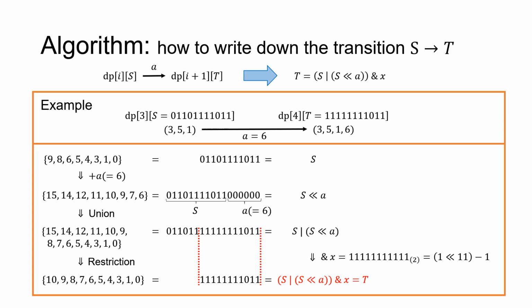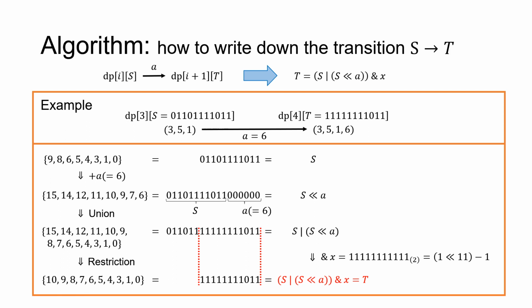First, 351 has a choice of 9, 8, 6, 5, 4, 3, 1, 0. When we add 6, newly constructible numbers are 15, 14, 12, 11, 10, 9, 7, and 6. That is just adding 6 to each element in the set.